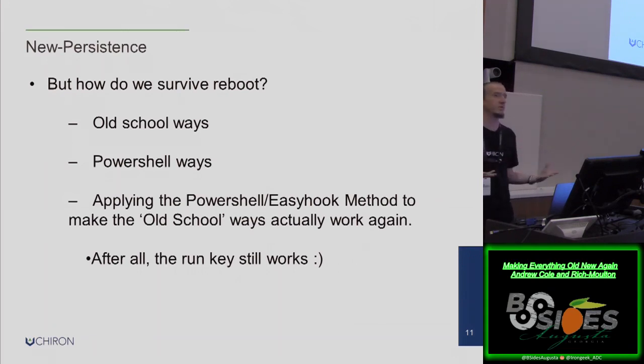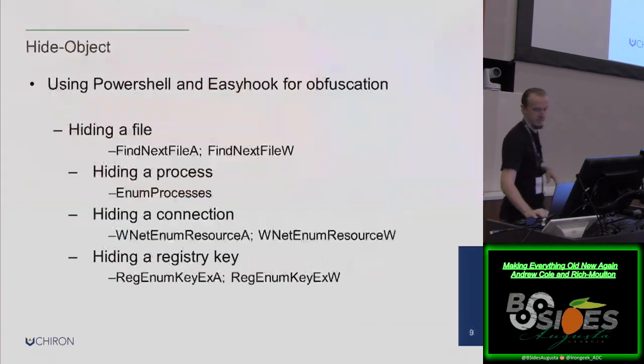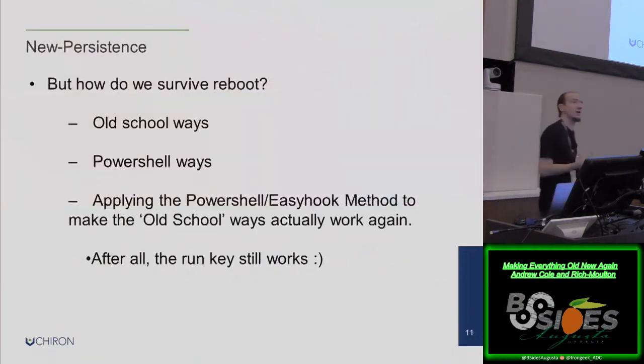There's nothing wrong with using the reg key for persistence. It's not going to get caught, but it's still going to run. You just need to keep people from being able to see what you have in there. If you were to hook RegEnumKeyExA and RegEnumKeyExW, your program would still run.